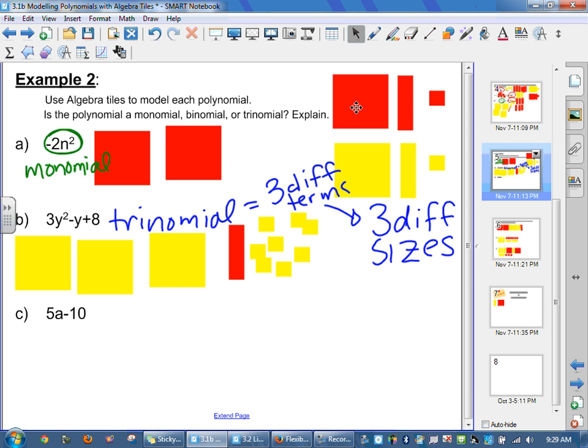What about letter C? What do I have for letter C? What would I draw there? What would you draw on C? What kind of objects do I have in letter C? Do I have big boxes? Do I have sticks, or do I have baby squares? Do I have baby squares and sticks? So I've got 5 long skinny sticks that are yellow.